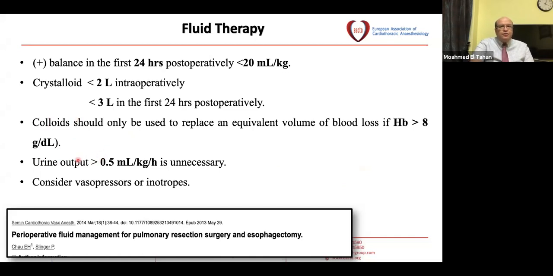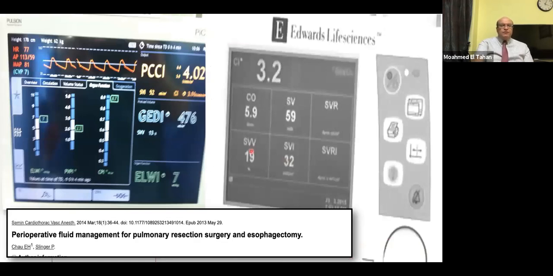You don't need to maintain urine output of 1 or greater. Only greater than half a milliliter per kilogram per hour is necessary, using vasopressors or inotropes rather than infusing fluids. Don't drown the dependent ventilated non-surgical lung. Using different monitors like PiCCO or Vigileo for monitoring fluid responsiveness or goal-directed therapy could be helpful.